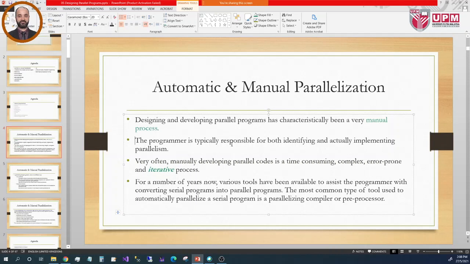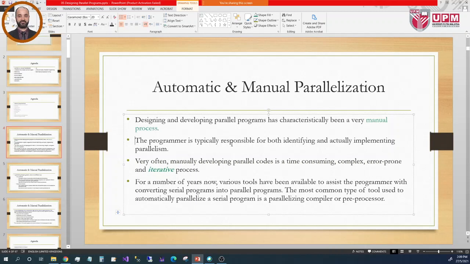The programmer is responsible, similar to what we did in the C# example last week: we define the thread, we start the thread, we pass the data to the thread, and how to kill the thread, everything is our responsibility as programmers.